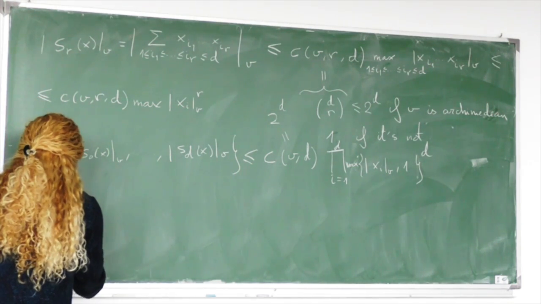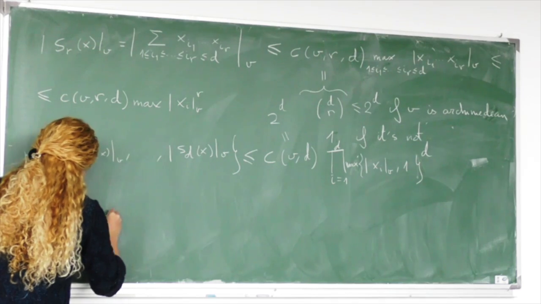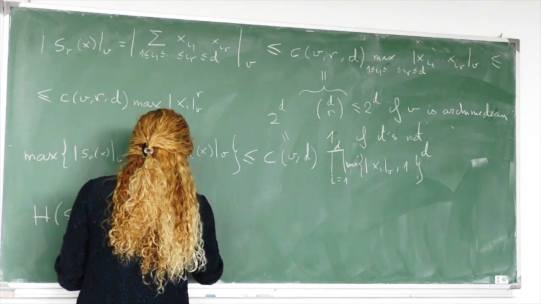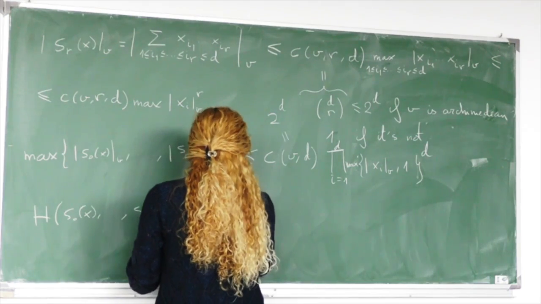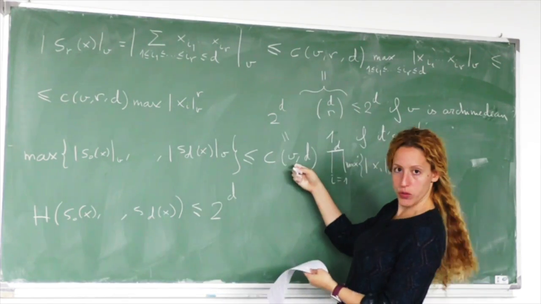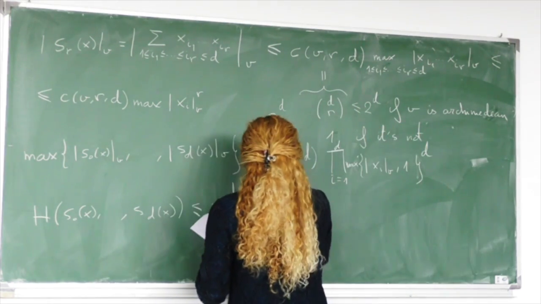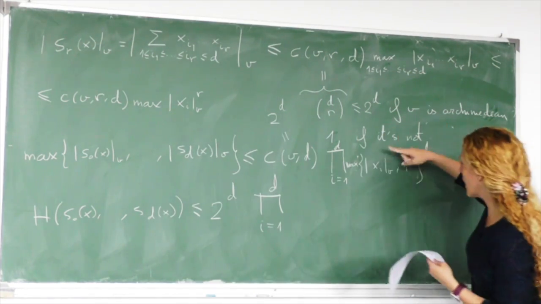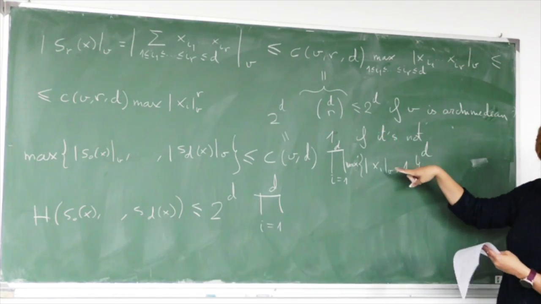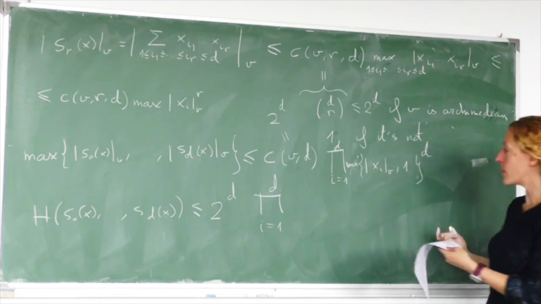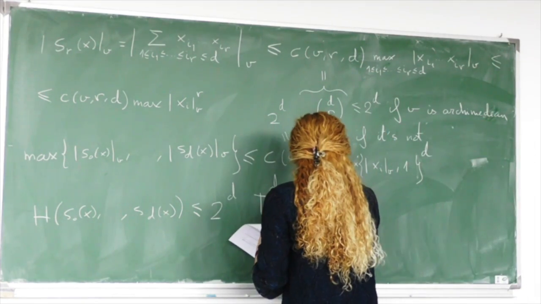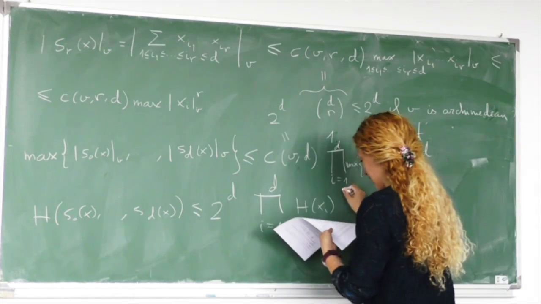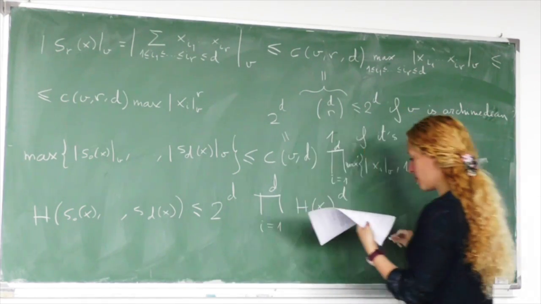So the height of this is less or equal than 2 to the d that comes from this constant, and the product, again through all the valuations, so it's really the height of this number that I'm taking, and then I get here a d.